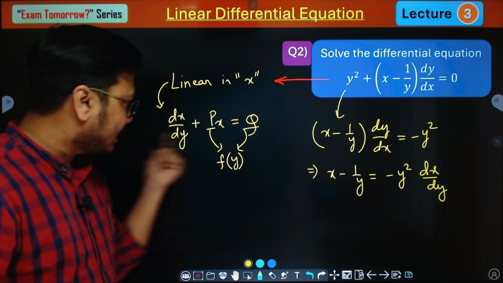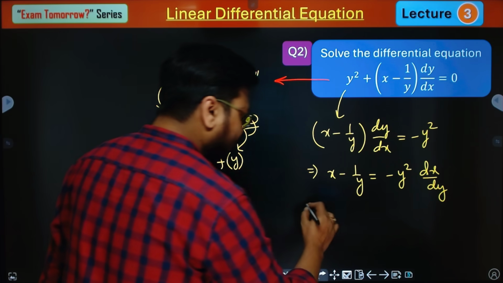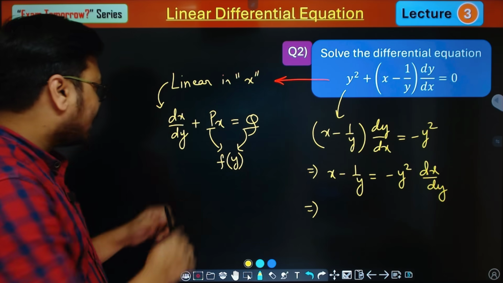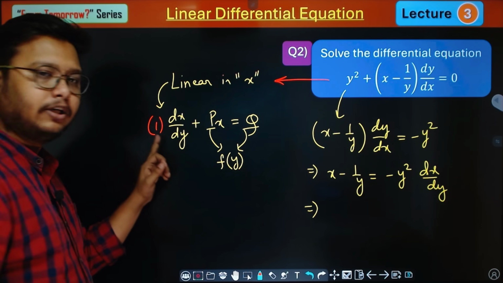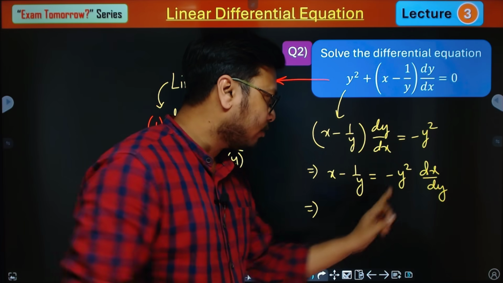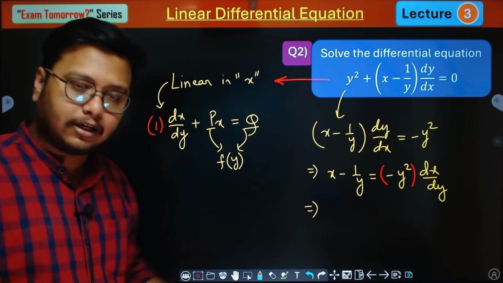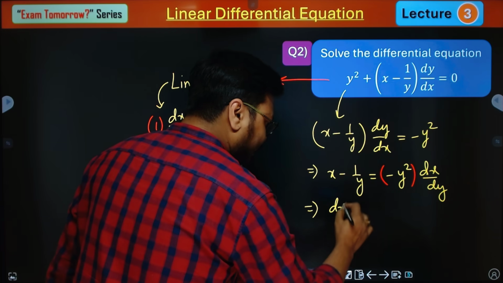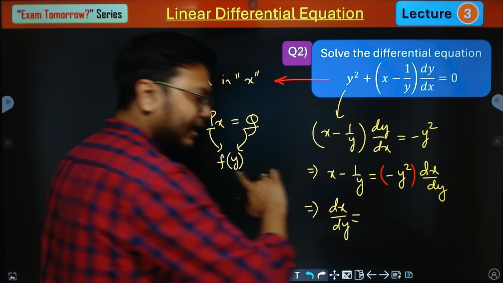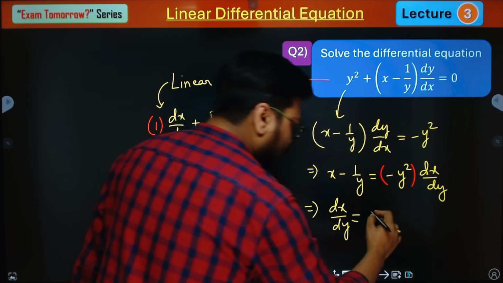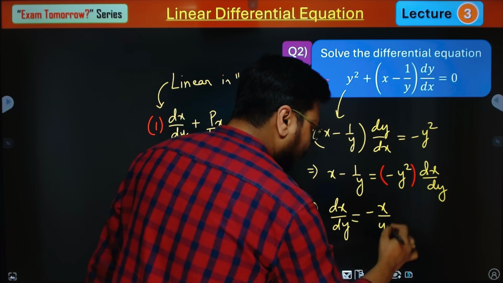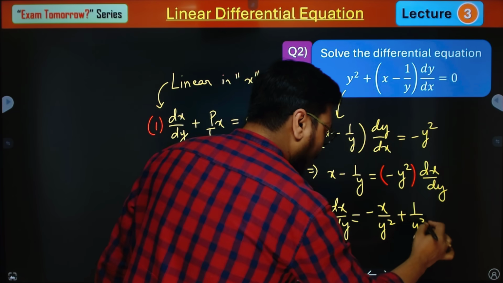Now I just need to arrange it in this style. My dx/dy should strictly have a coefficient of 1. Here dx/dy has a coefficient of minus y square, so I need to divide by minus y square on both sides. So I'll have dx/dy equals minus x by y square plus 1 by y cube.